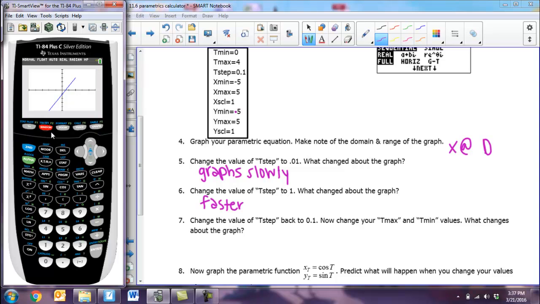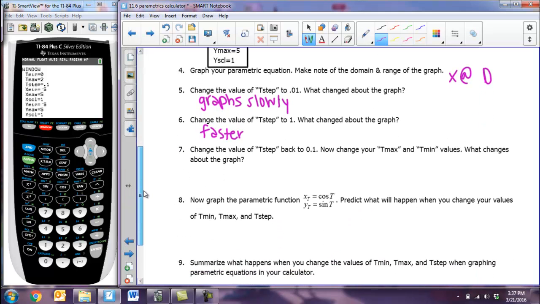If I change this t-min to be 0 again, you're going to see I started at the same point, but now I ended differently. So when you change your t-min and your t-max, you're telling your graph where to start. It's kind of like the tables when I was doing parametrics, you're just picking the t-values that you're graphing. So changing these changes where the graph begins and ends.